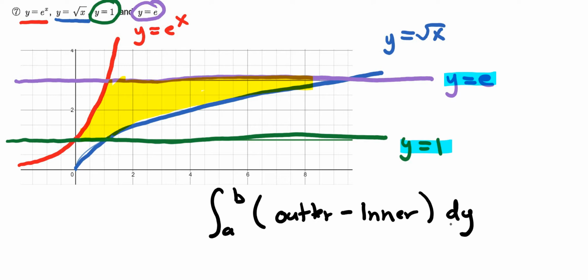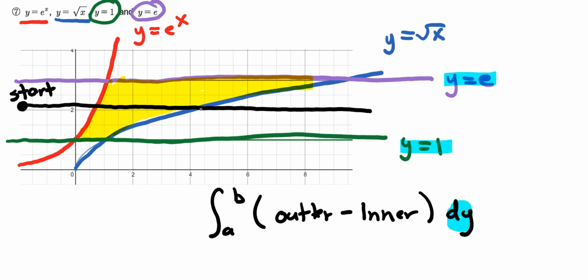And if I'm integrating along the y-axis, dy here, we should definitely go to the far left here. This is where I'm going to start. And just draw a horizontal line right through the enclosed area. And then you can see that this dot right here is the outer function, and this dot right here is going to be the inner function.